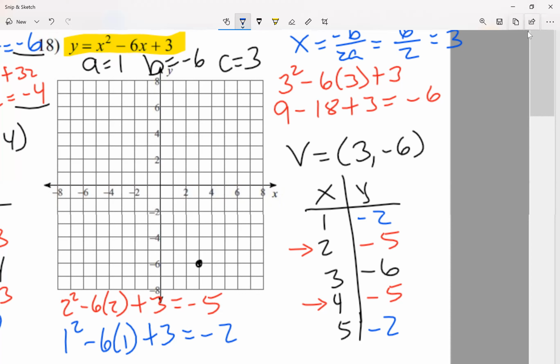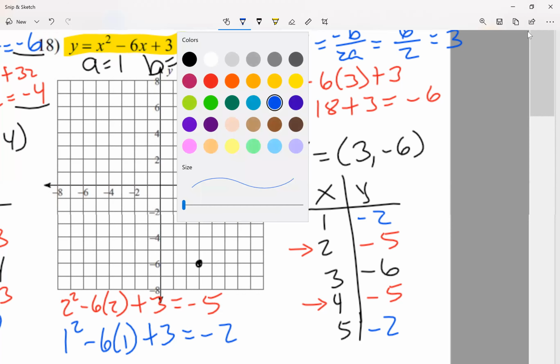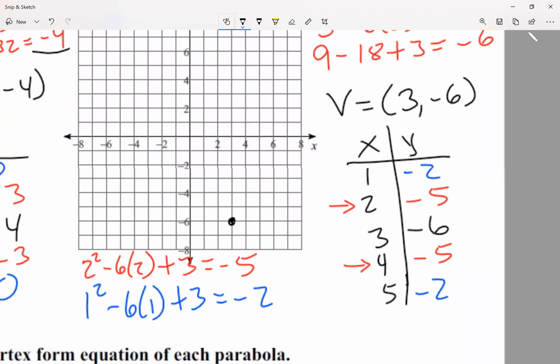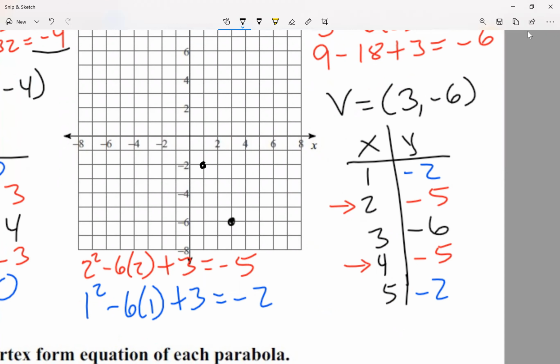Okay, now I'm ready to plot these points. Let me zoom in a little. Okay, so I have the point 1, -2. I have the point 2, -5. Have the vertex which I already plotted in. Then I have 4, -5, and the point 5, -2.